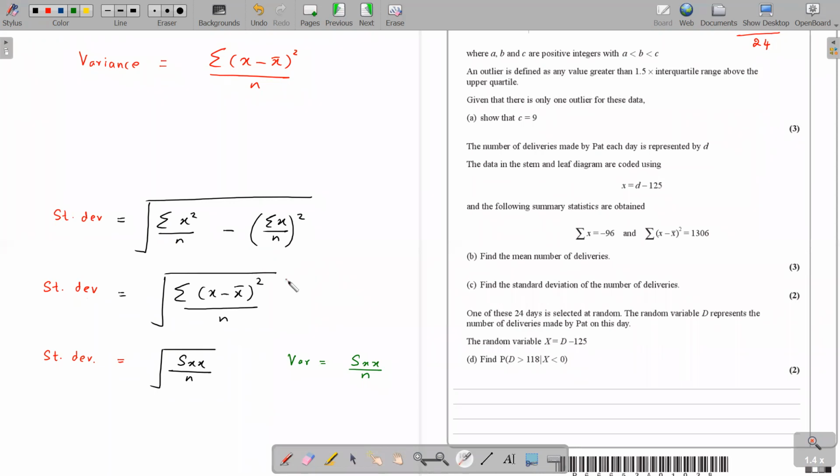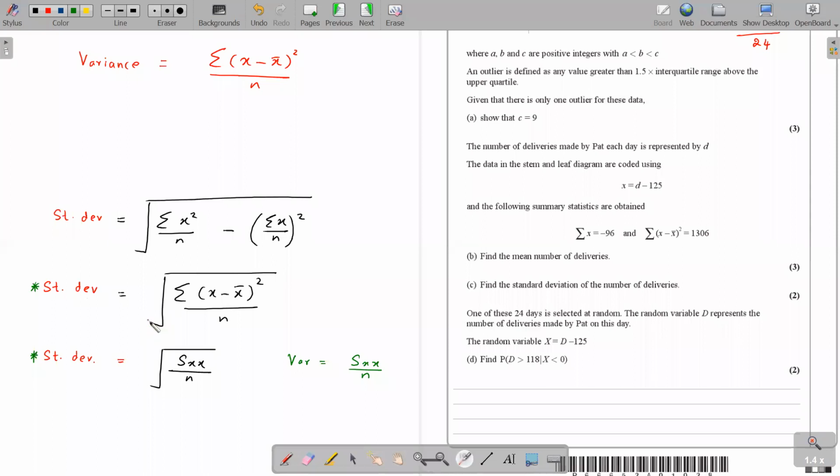In addition, you must also know these two equations for the standard deviation: root of sigma (x minus x bar) square over n, and Sxx over n. Really important, because there are places where you definitely need to know this equation. The variance is the square of this, so if you remove the root, you end up getting the variance.